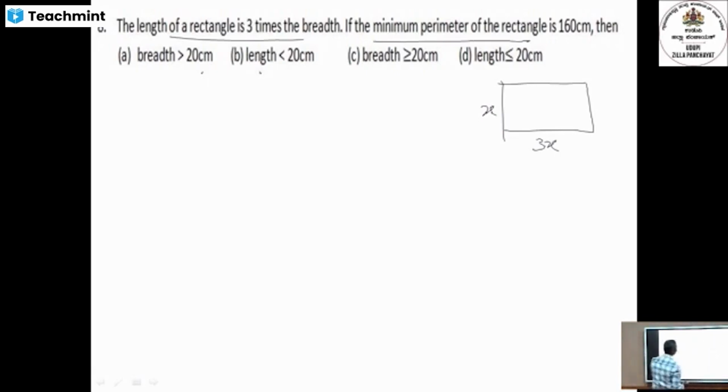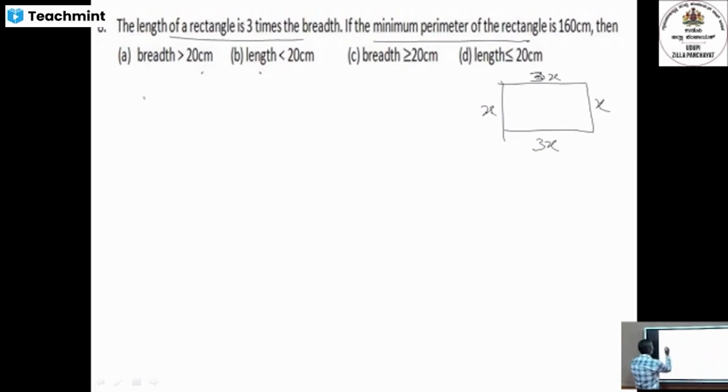This is a classical problem. The length of a rectangle is 3 times the breadth. So let us consider a rectangle here. Let us take the breadth as x, then the length is 3x. The minimum perimeter of the rectangle is 160 centimeters. So the sides are 3x and x.